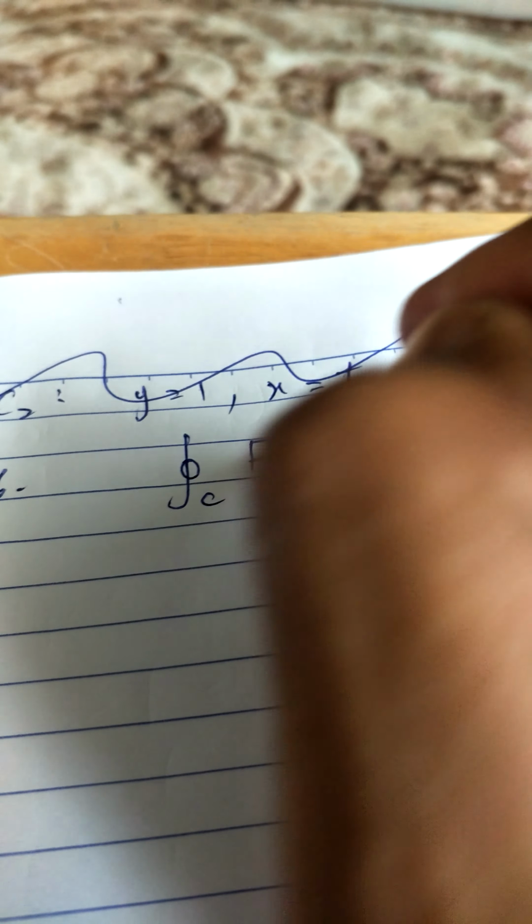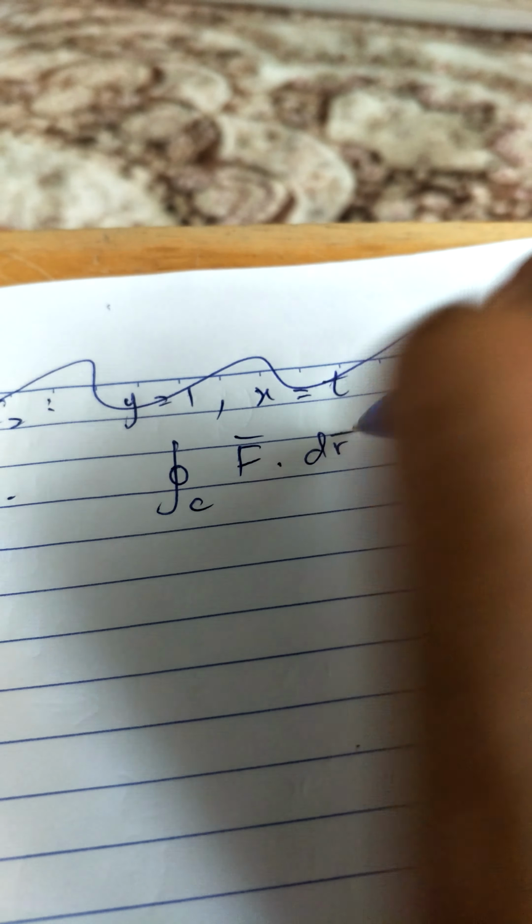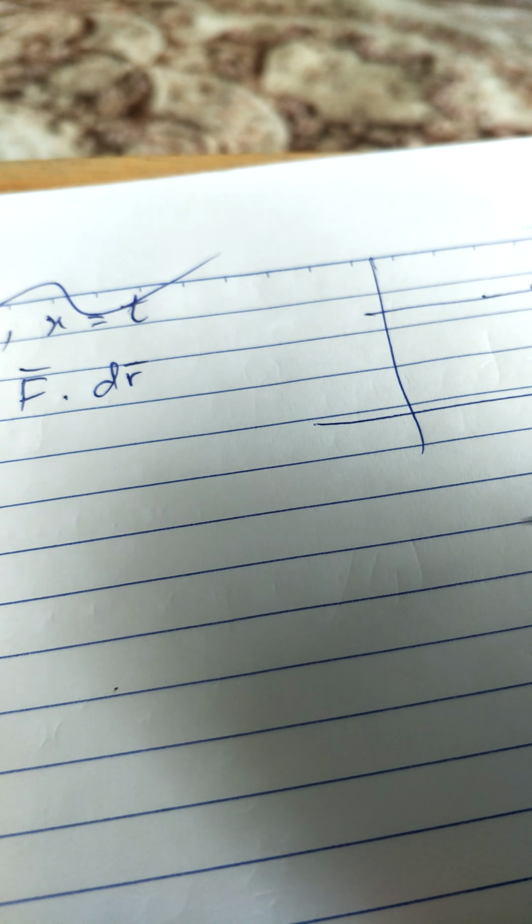So now we want to evaluate the integral of F dot dr, where our boundary, curve C, consists of multiple smooth curves.